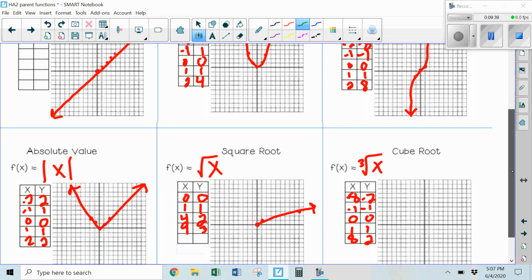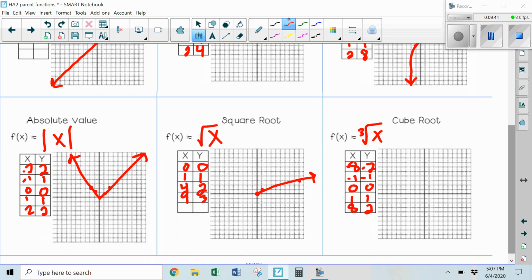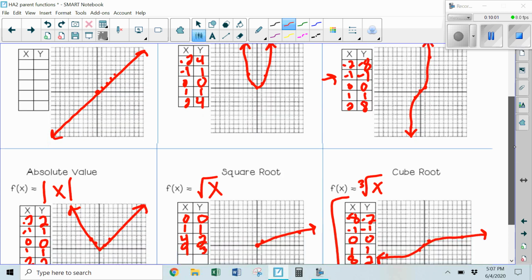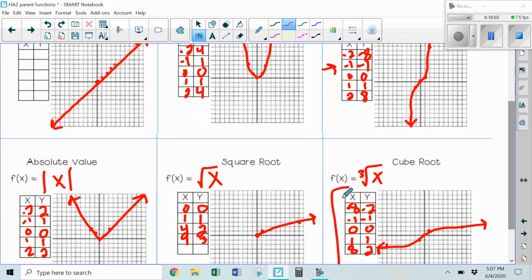Let's go ahead and plot these points. So if this table was hard for you, do this table and then flip the x's and the y's. Notice if I flip every x and y, it will make this table over here.